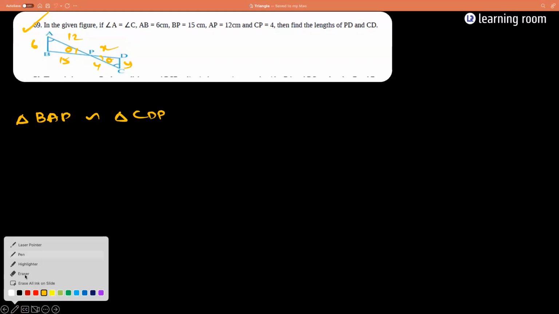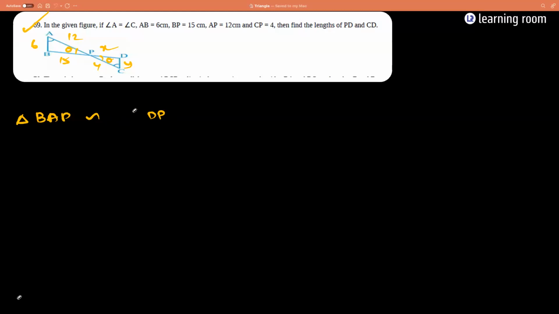Now, if I take this angle to be theta, this will also be theta because they are vertically opposite angles. So what can you say? Triangle BAP is similar to triangle CDP. No, I made a mistake.